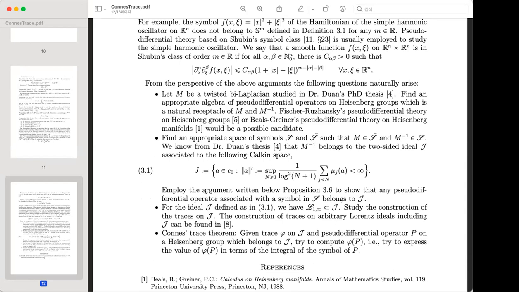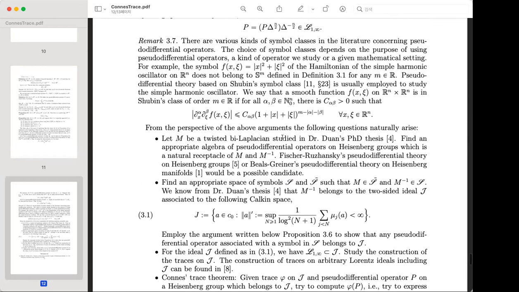We need to find out an appropriate space of symbols. So it should be a space of functions satisfying a certain estimate. We need to find out the space of functions such that they include the twist. "They include" here is also some kind of typo.